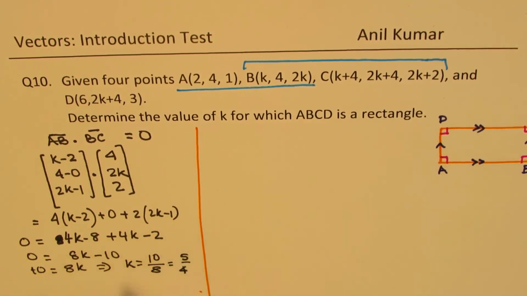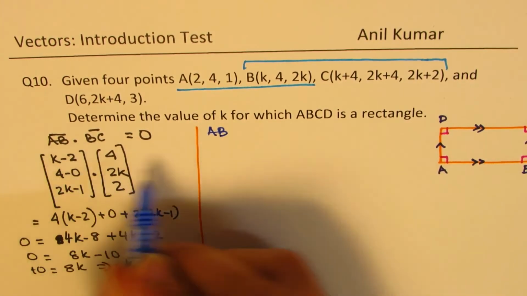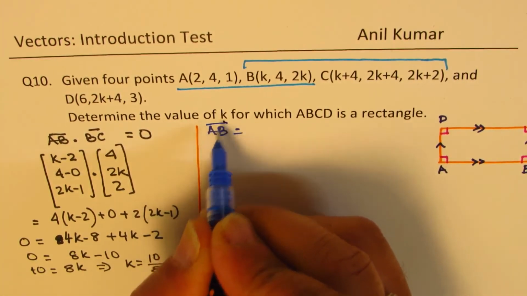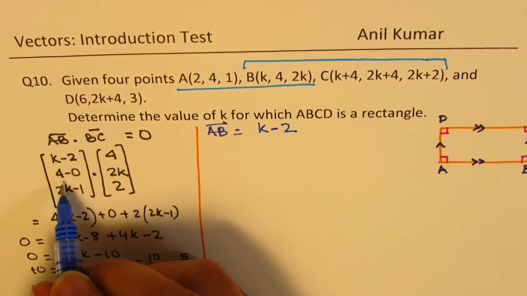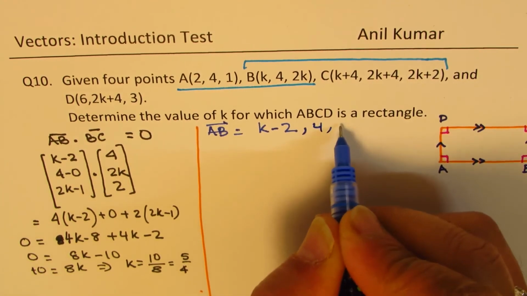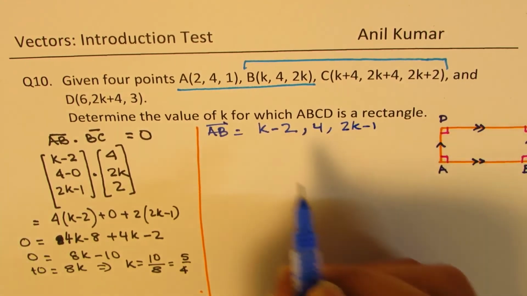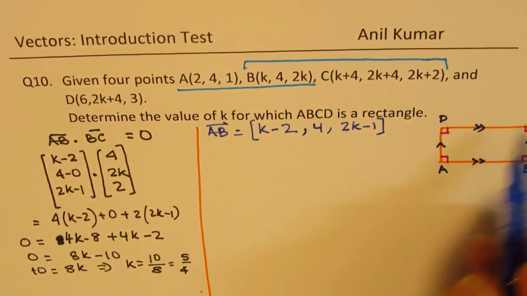So from here we do get AB. AB is basically equal to K minus 2, 4, 2K minus 1, correct? That is AB.